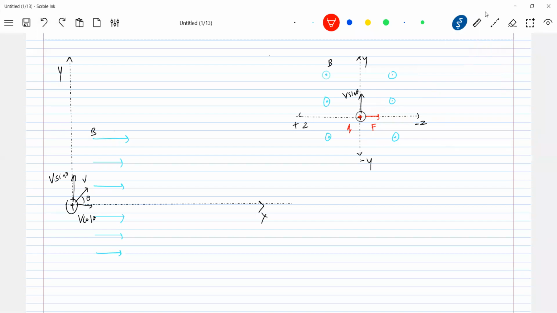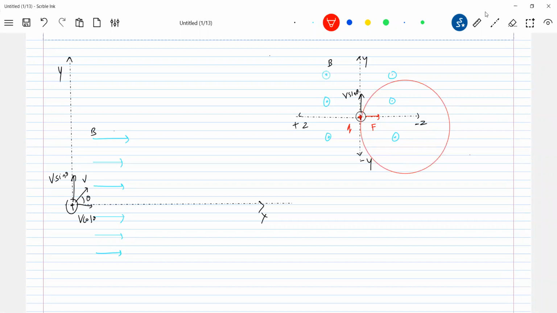Let me try. Okay, so I have some rough diagram.